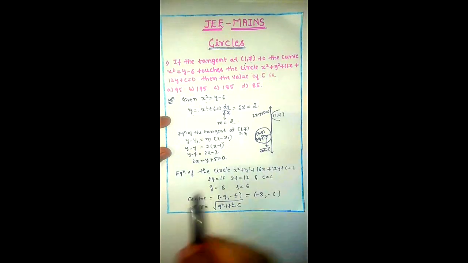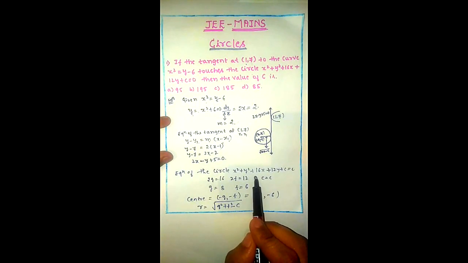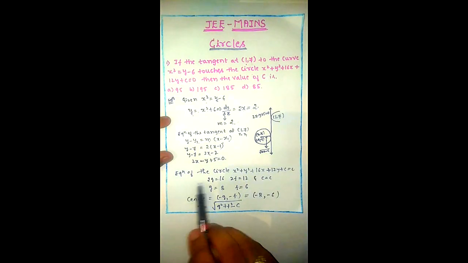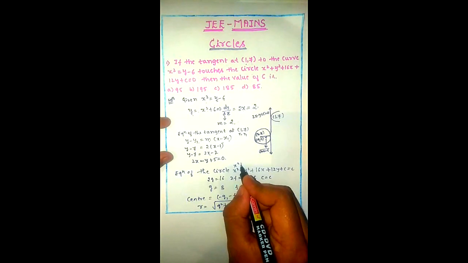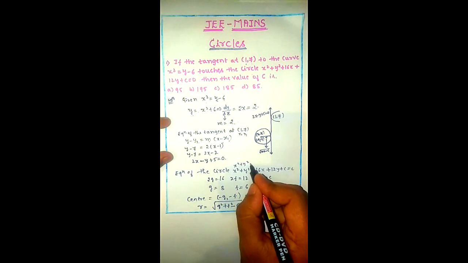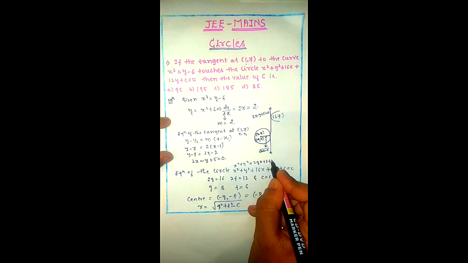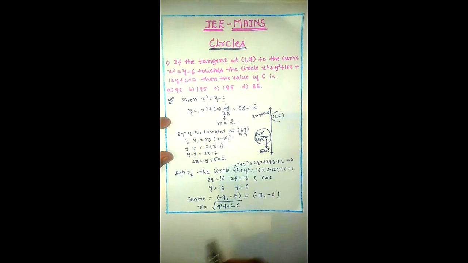Now the given circle equation is x² + y² + 16x + 12y + c = 0. The equation is of the form x² + y² + 2gx + 2fy + c = 0.